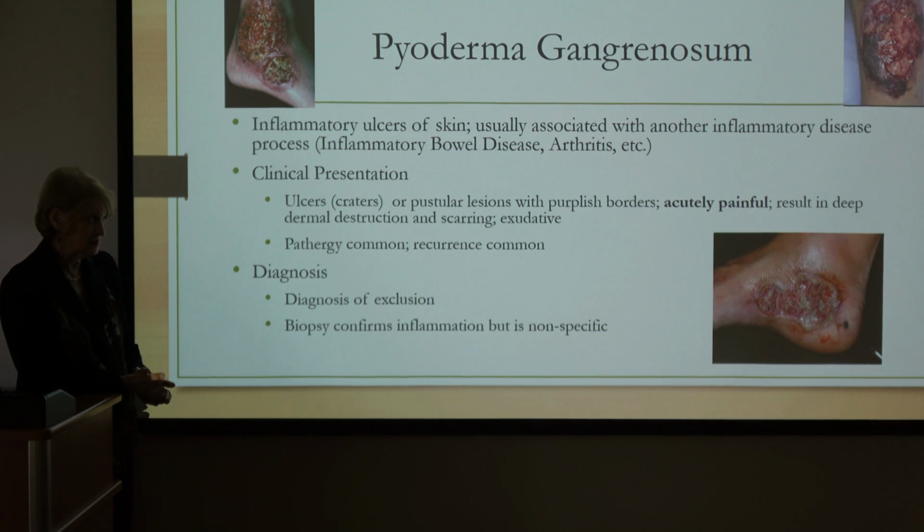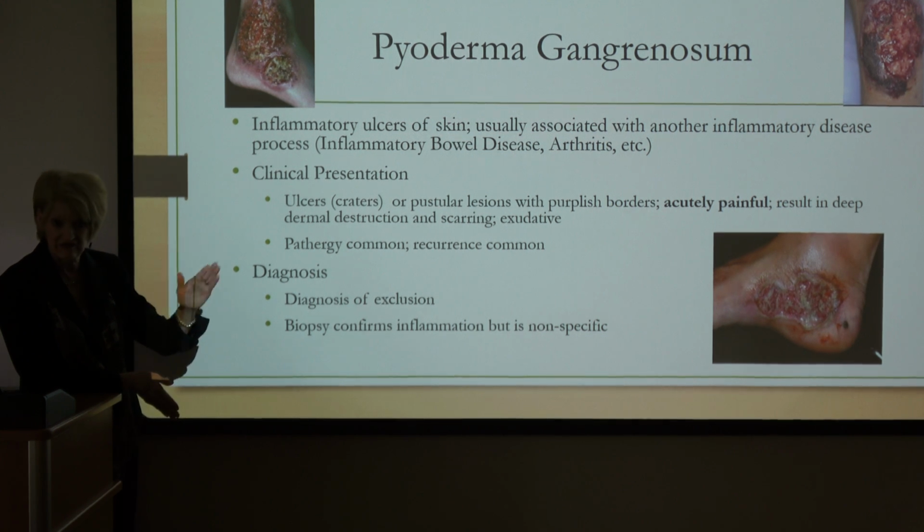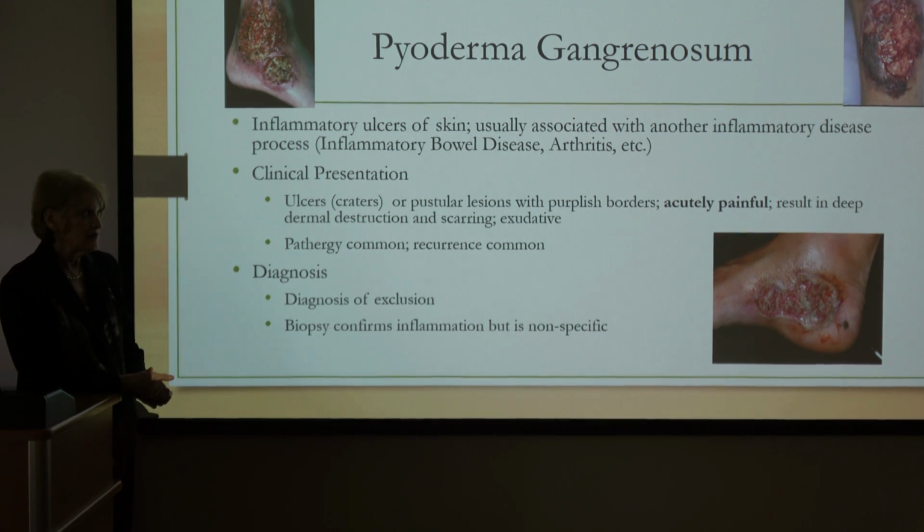The patient doesn't have significant edema. The pain is unrelenting and constant. It is not relieved by rest. It's not relieved by elevation. The depth of the wound is inconsistent with venous.